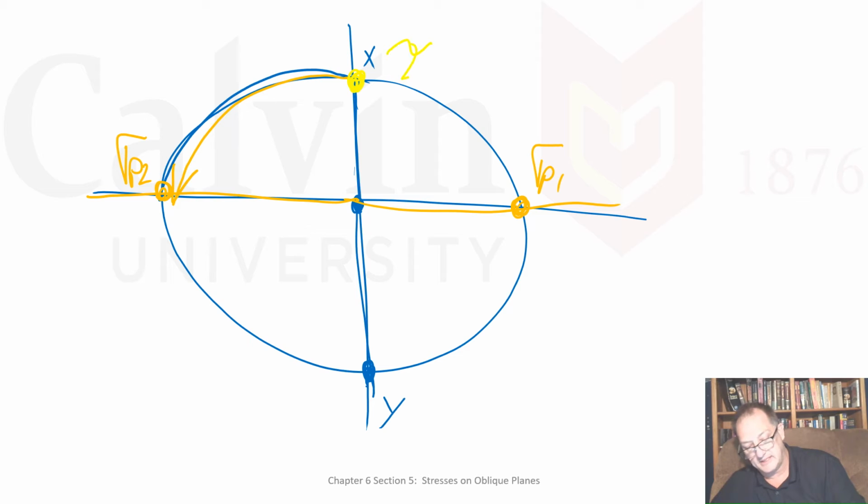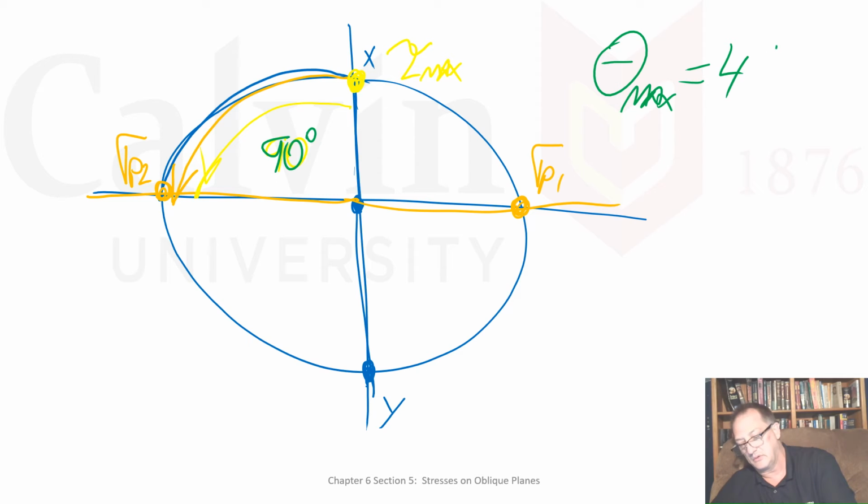That is my tau max, and that's the radius of the circle. If I'm rotating like that, that's 90 degrees here. So theta max is going to be equal to 45 degrees. That's the stuff we've been doing, right?